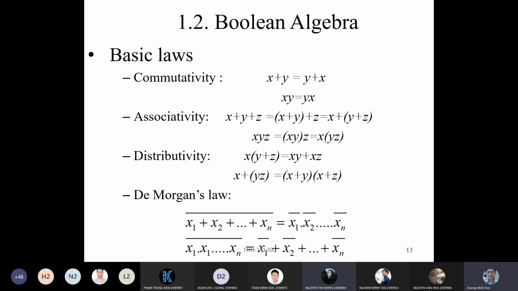Do you have any comment? For the second question of distributivity law, I see some wrong. You mean here, wrong? Yep. Okay, that I remember.